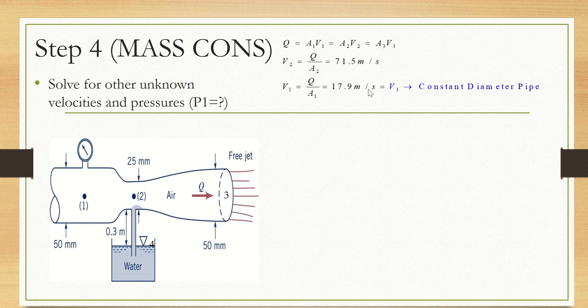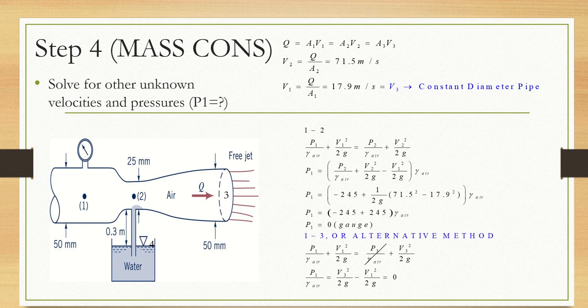And I will always have the same velocity in sections of ducts or pipes in which I have the same diameter. So that's how I know that my analysis is correct. I know that my velocities in sections of pipe in which I have a constant diameter should be the same.